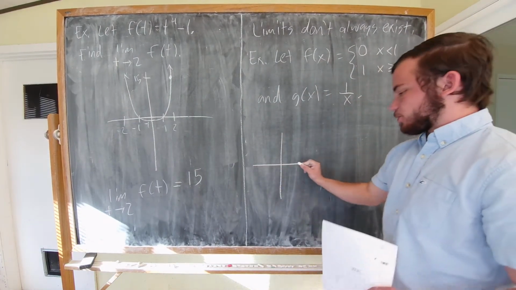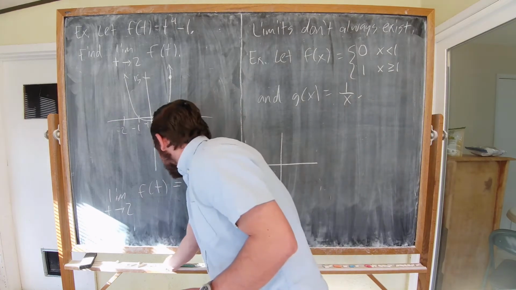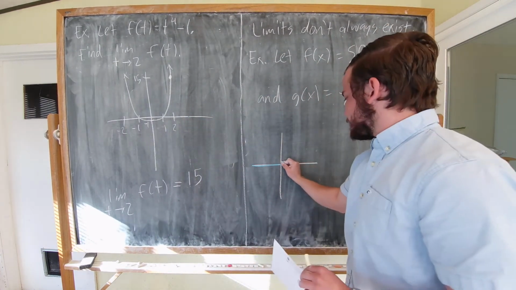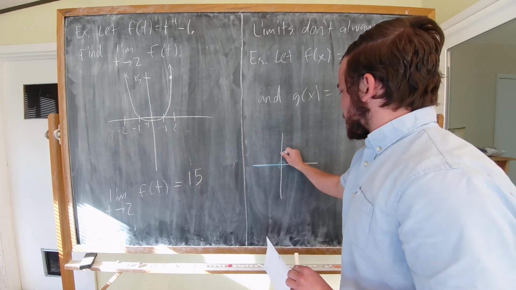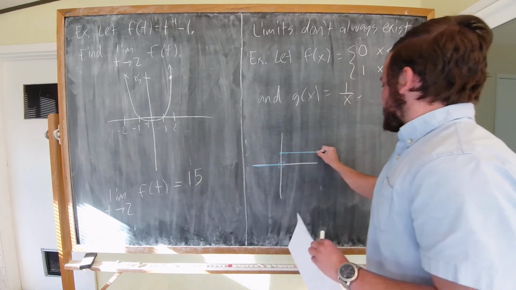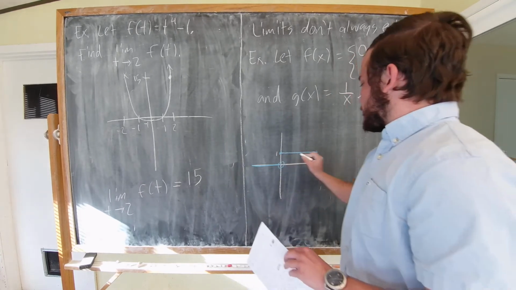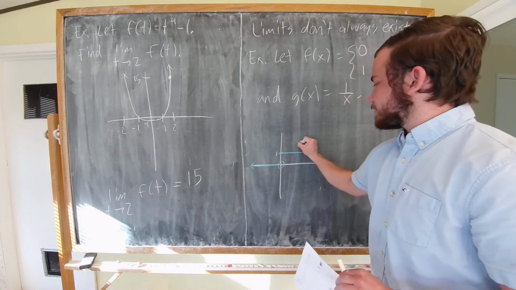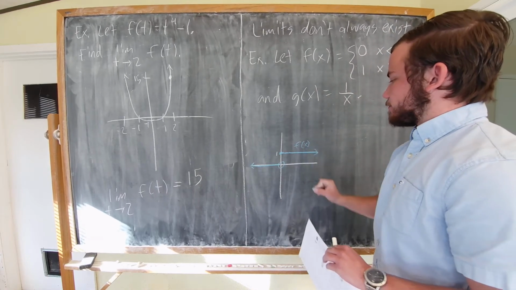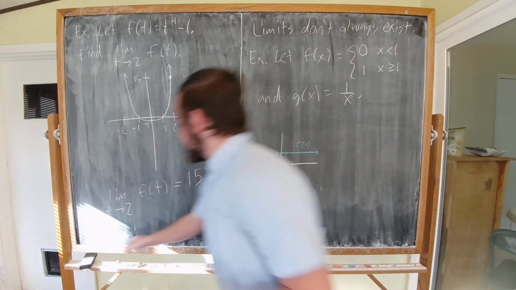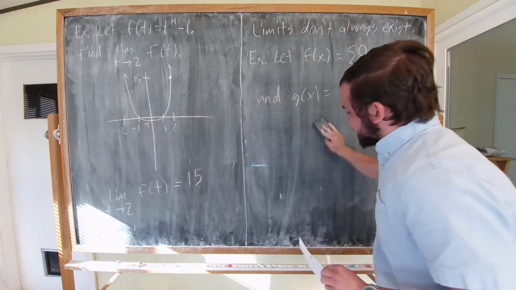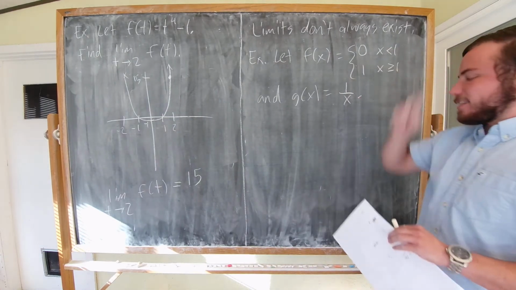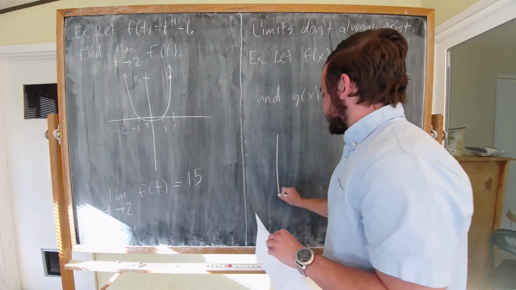f of x is just going to look like, maybe I'll put f in blue. Okay, this would be our f of x. So it's just, nope, that's not f of x. I shifted it over. This is a 1, not 0. How silly of me.